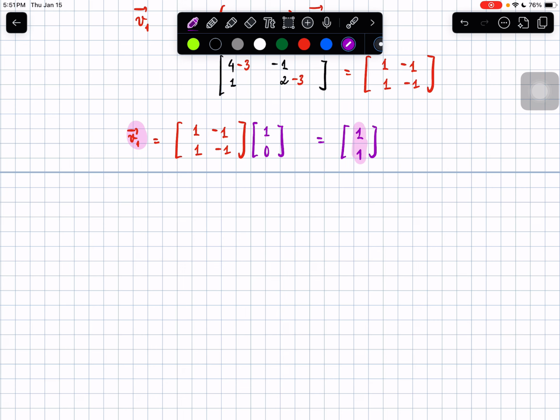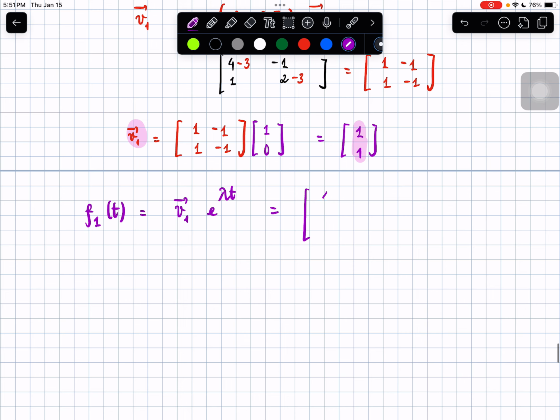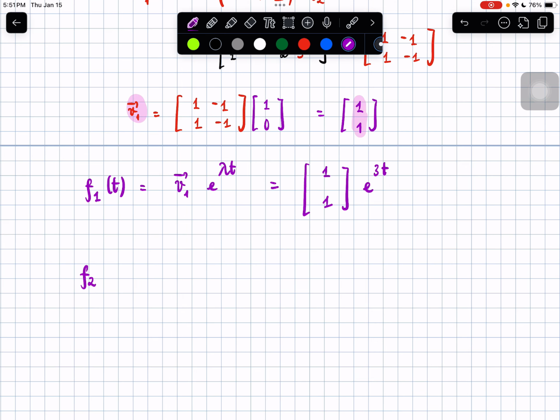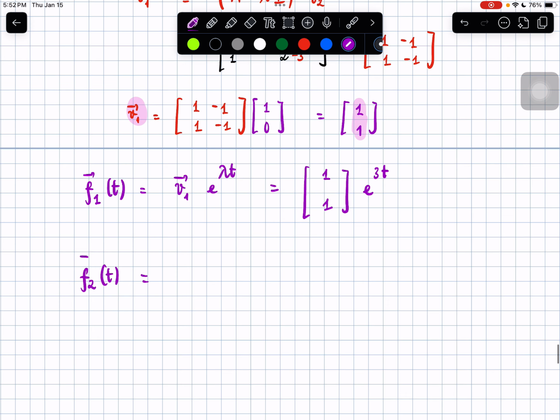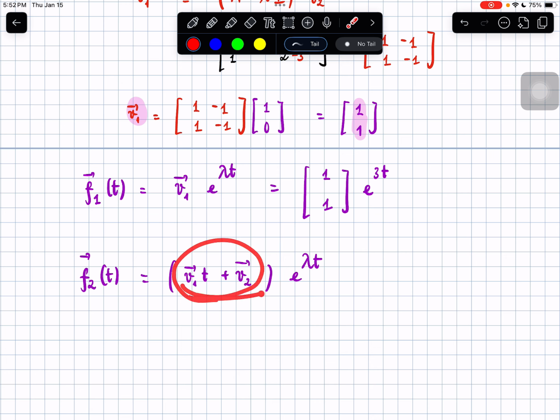Let me call them F1(t), which is V1 e^(lambda t), that is 1, 1 times e^(3t), and the second function, the generalized one, F2(t), which is (V1 t plus V2) e^(lambda t). One way to remember it is that you take the derivative of this, and the t term will give us V1.